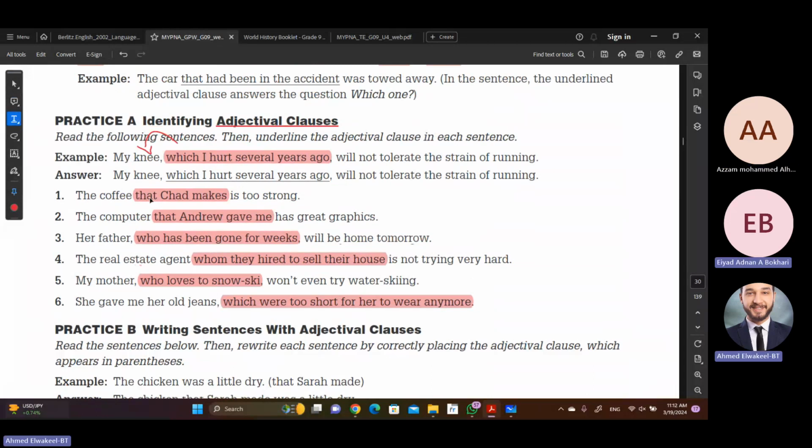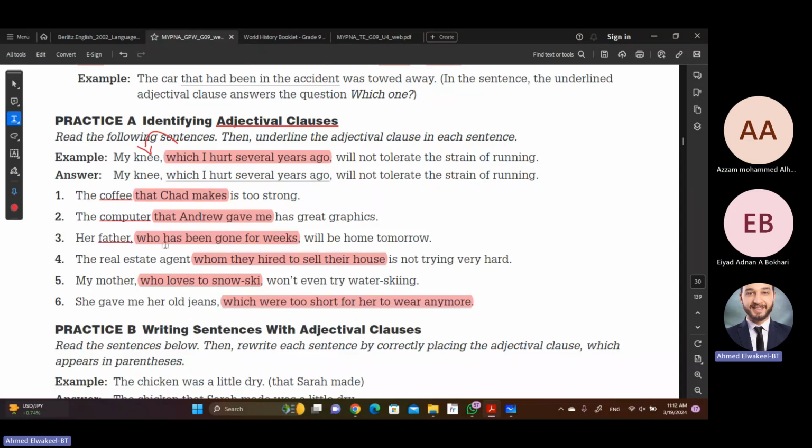That Chad makes modifies what? Coffee. That Andrew gave me modifies what? Computer. Who has been gone for weeks modifies father.